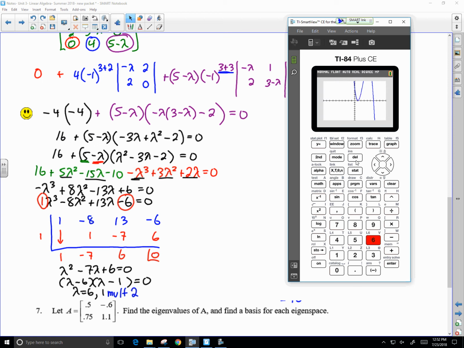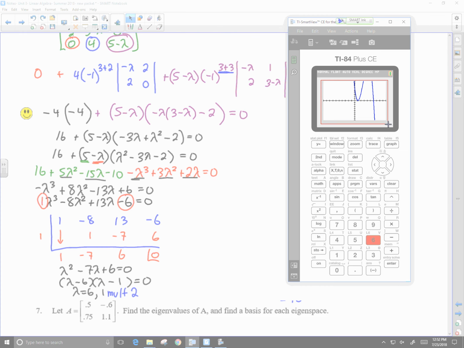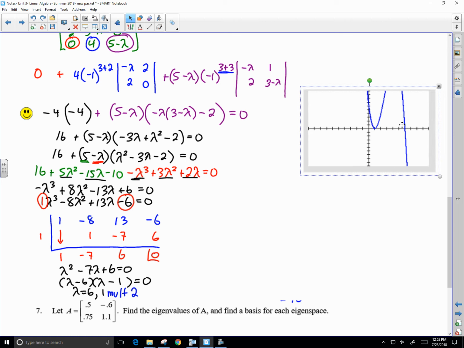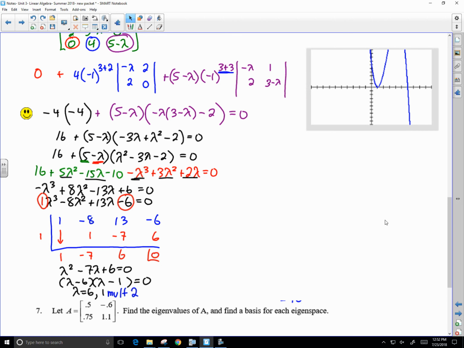All right, look at that. Look at that beautiful graph. I mean, you don't even need the whole graph. This part of it is sufficient. That's all you need. Good looking graph. All right, it looks like a parabola right at this location here.